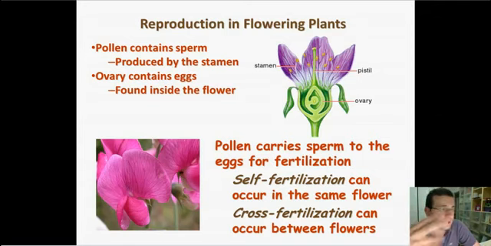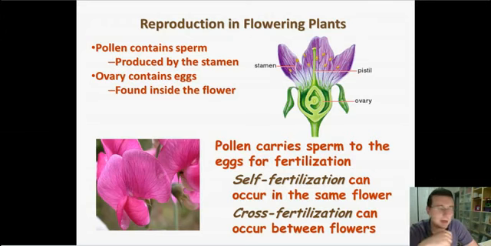Now, it's interesting that pea plants and a lot of flowering plants actually have both genders in the same flower. Sometimes a flower only has the pistil or the stamen, and sometimes the plant will have some flowers with pistils and some flowers with stamens, but some flowers actually have both in the same flower. And that's very common for flowering plants.